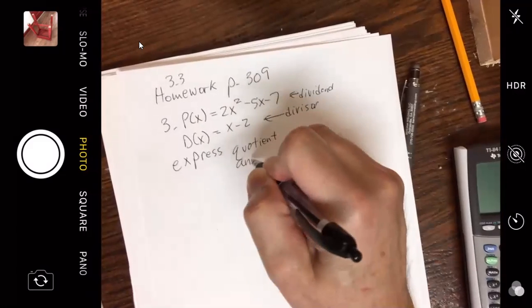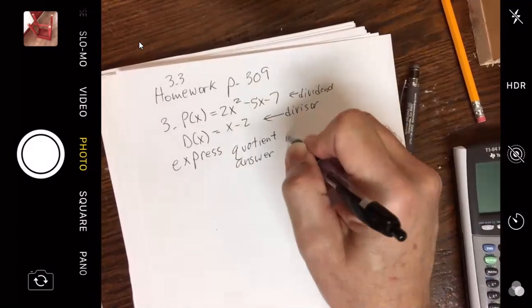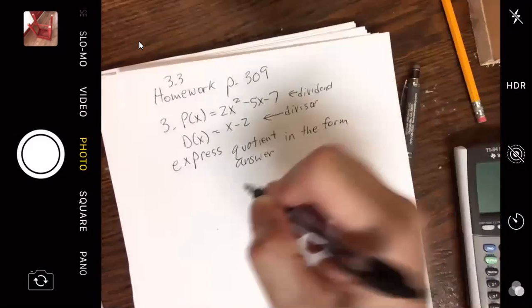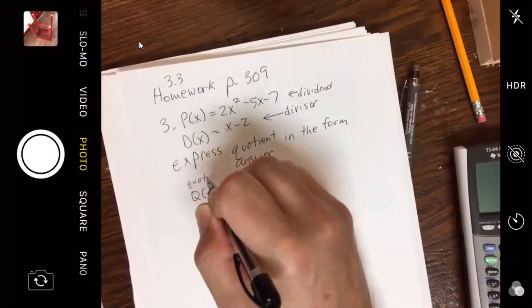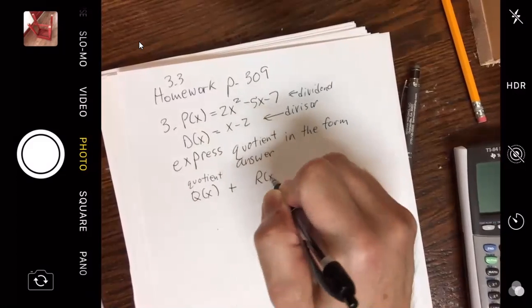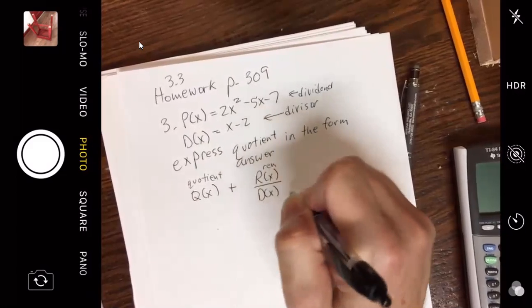That's another word for answer. In the form Q of x, and that is for quotient, add R of x, that is remainder, divided by D of x, divisor.